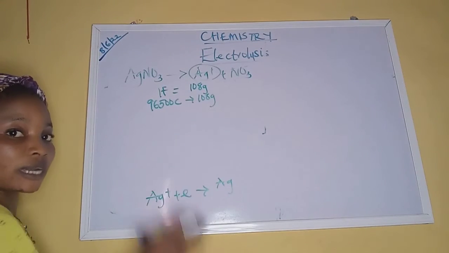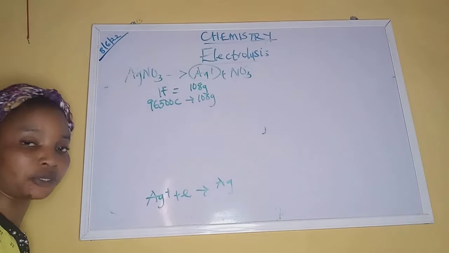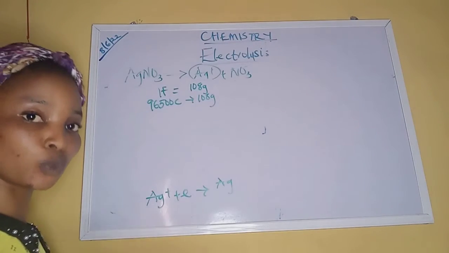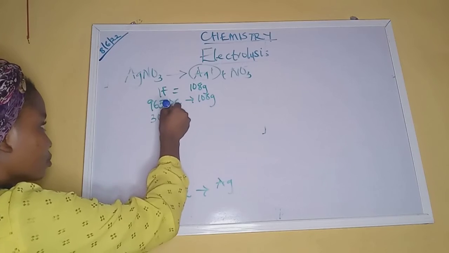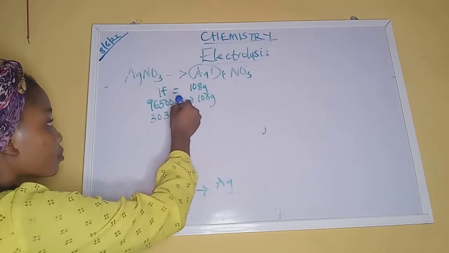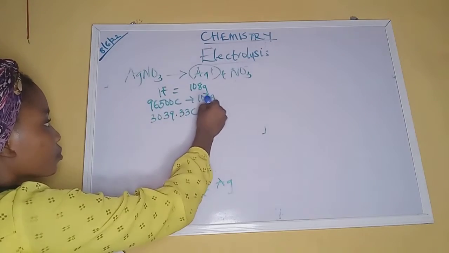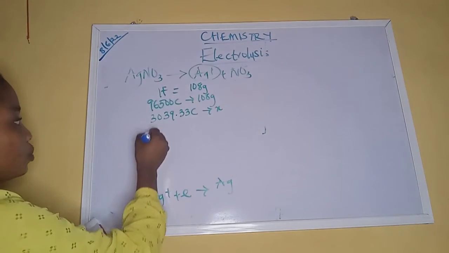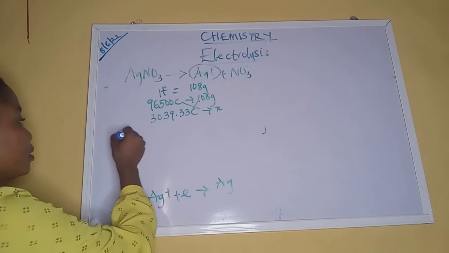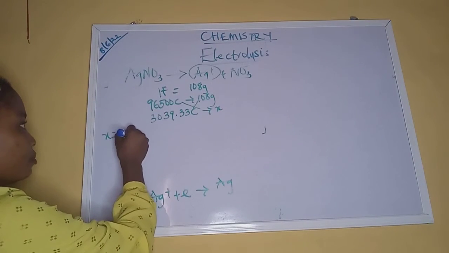So the 3,093.33 coulombs of copper will give us what? Let's call it X. So when you cross multiply, you make X the subject of formula.